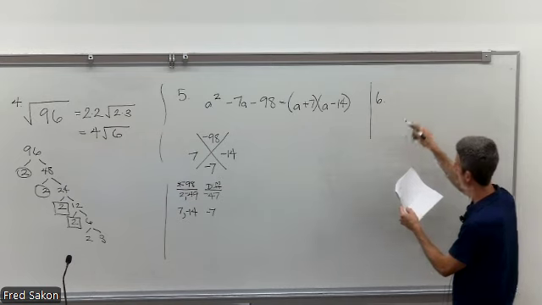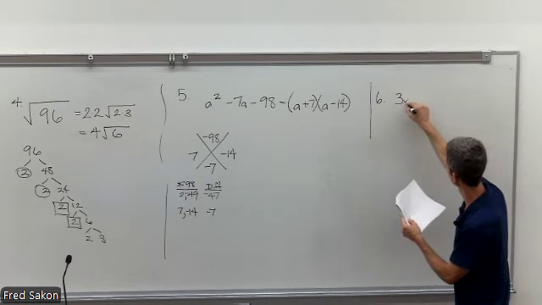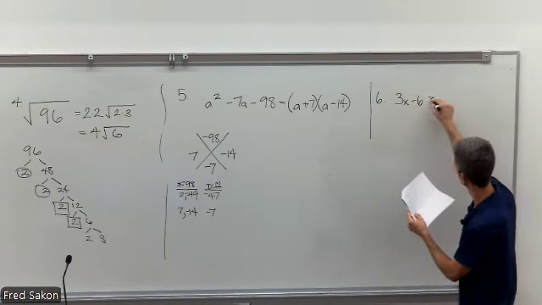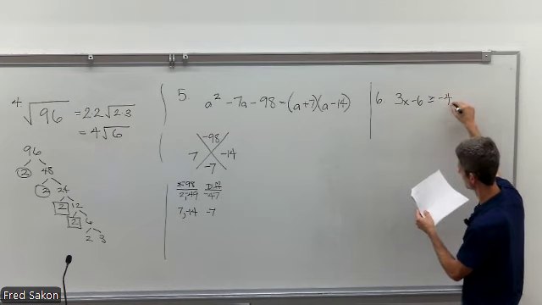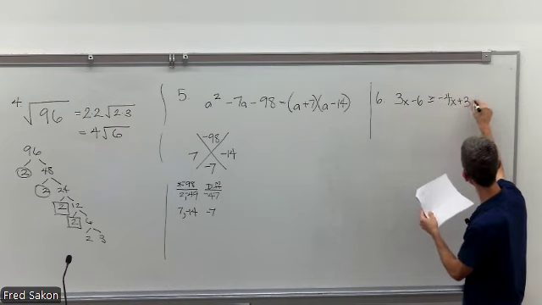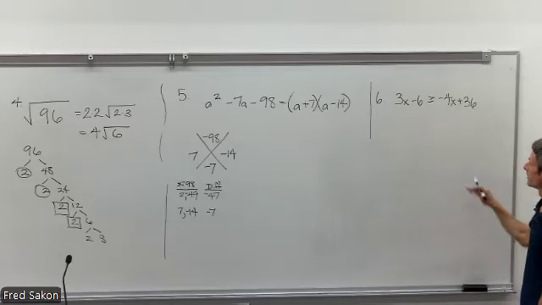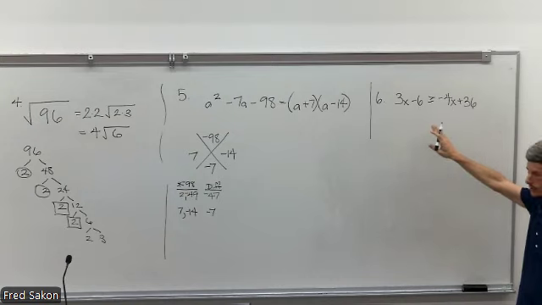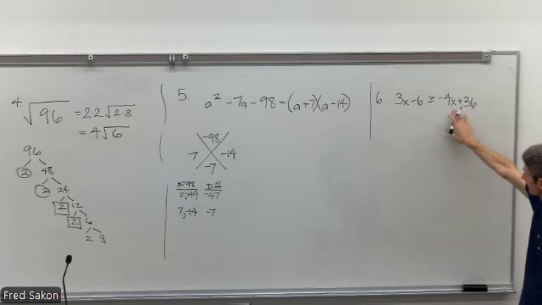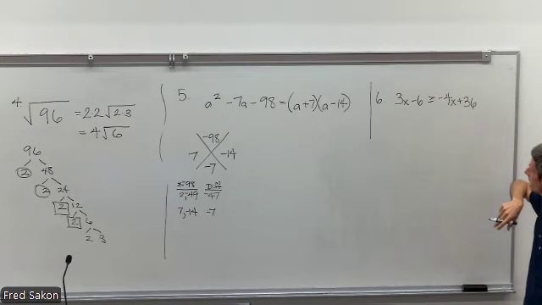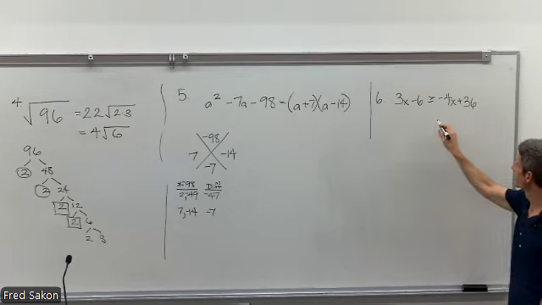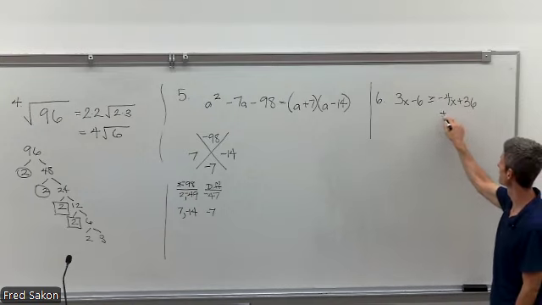We got an inequality, the next one. So we solve this just like an equation, move things from one side to another to get x by itself. I might start with, say, plus 4x.